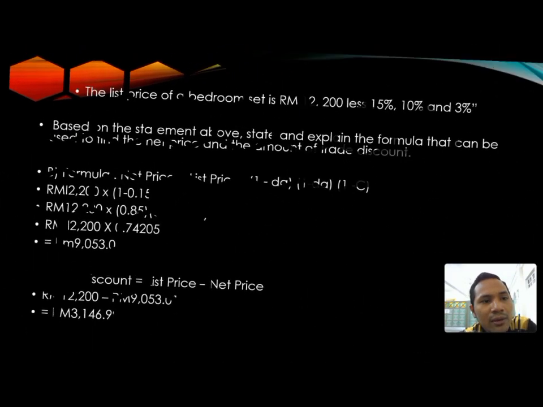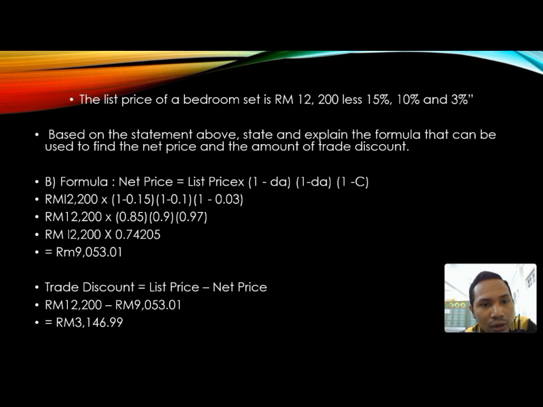Question 3b. The list price of a bedroom set is 20,200 less 15%, 10% and 3%. Based on the statement above, state and explain the formula that can be used to find the net price and amount of trade discount.